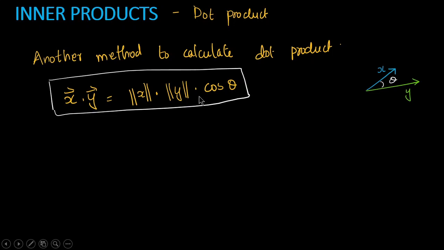This is another method to find the dot product. And what is theta? Suppose x and y are these vectors, and theta is the angle between them. How do we calculate the norm of x? We can calculate it using the L1 norm or L2 norm or whatever, and correspondingly for y also.